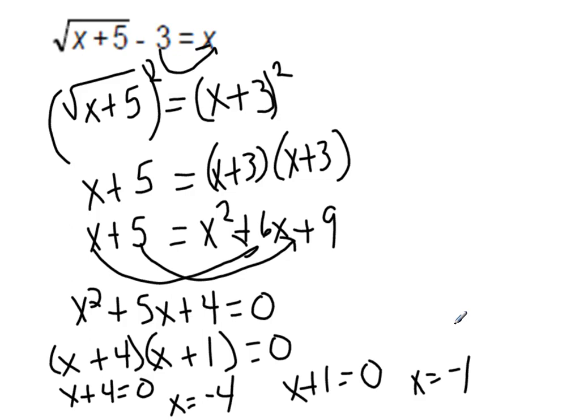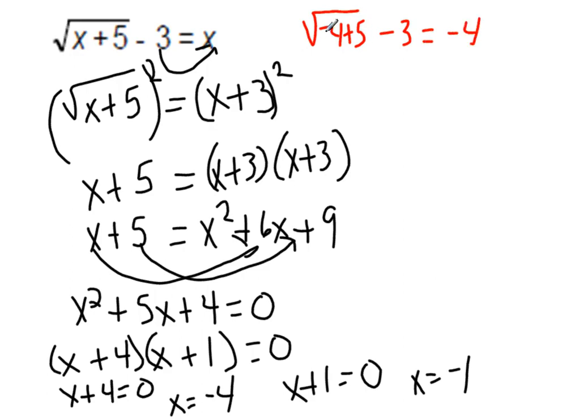Okay, so I go back to the original equation in order to check it. I'm going to put negative 4 in for x. So I have the square root of negative 4 plus 5 minus 3 equals negative 4.